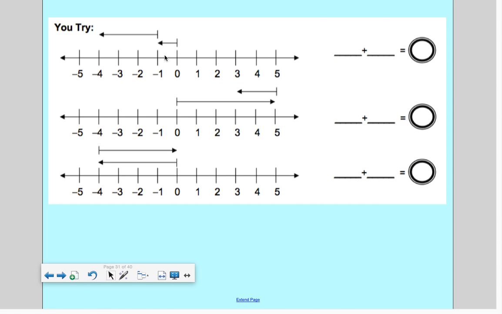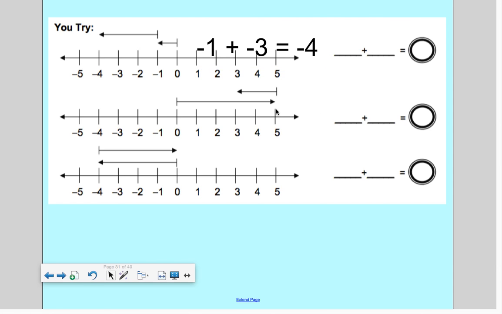And last but not least, let's see if you can try this one. If you're given a number line, can you find the addition expression? Starting at 0, it's -1. And it seems like it's going left, so it's -1 to -3, and it stops at -4. -1 plus -3 equals -4. Now try this example.